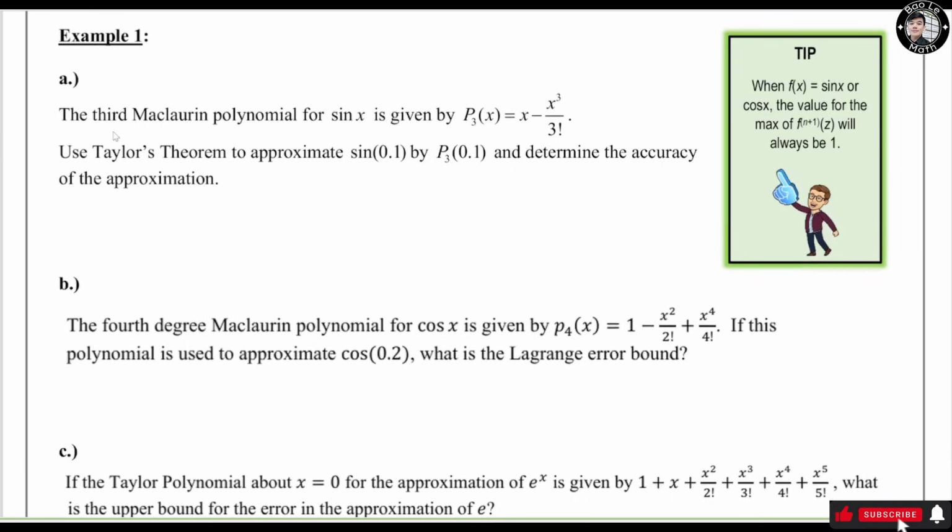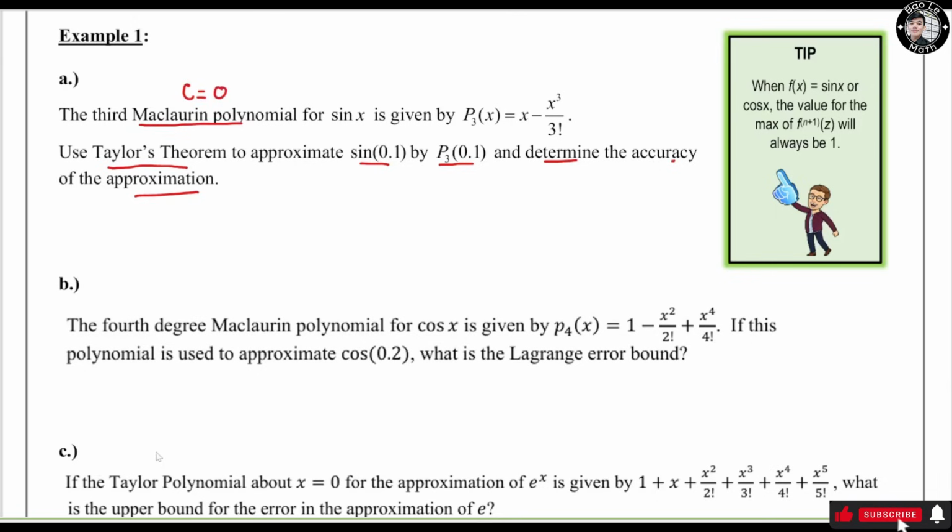Example number 1. The third Taylor polynomial for sine x is given by P_3(x) equals x minus x cubed over 3 factorial. Use Taylor's theorem to approximate sine of 0.1 by P_3(0.1) and determine the accuracy of the approximation. This is a Maclaurin polynomial, which means the center equals 0.